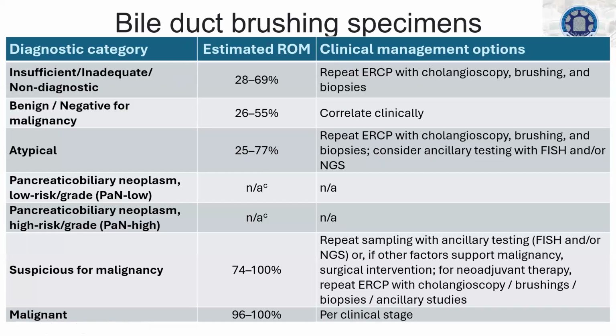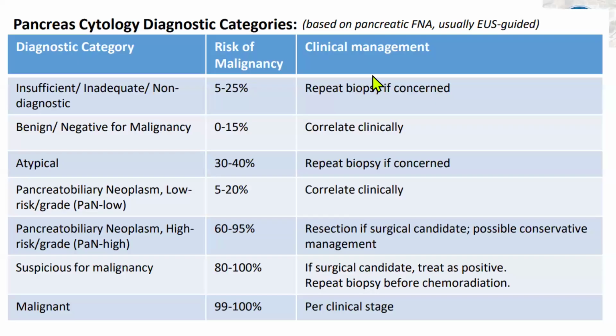If there are pathologists here who see pancreas and bile duct on a regular basis, you know that this category is not equal for both, because bile duct brushings in general have a more malignant look to them, and at many times it is difficult to put them under a definite category, like in the case of pancreas. So in pancreas, these are the risks for malignancy and these are the clinical management.